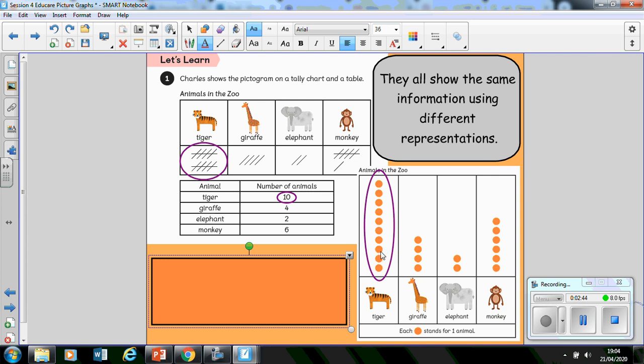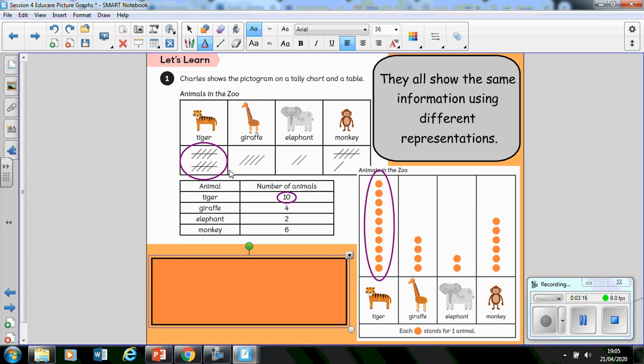And if you think about tiger, we've got 1, 2, 3, 4, 5, 6, 7, 8, 9, 10 tigers. And then if we move on to our table and you look at the tigers row, it says the tigers have 10 in their group. So they've got 10 animals. So we've got 10 spots, or 10 dots, and the number 10 in the table.